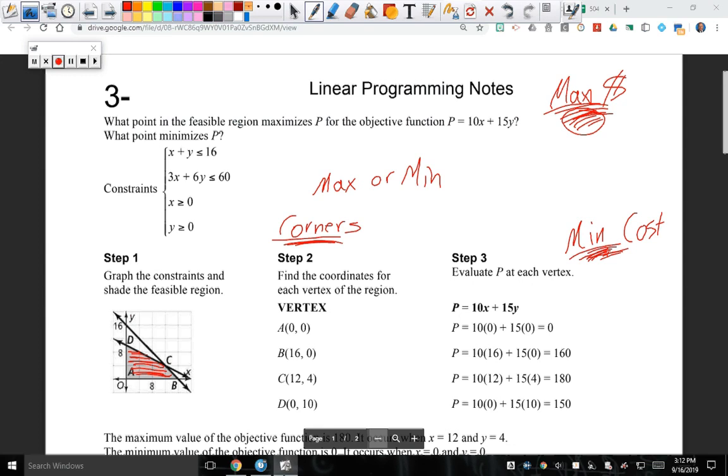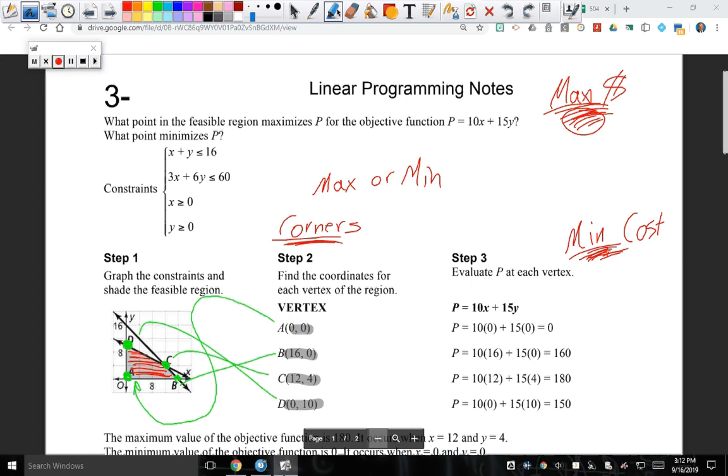Okay? So, the corners. When I'm looking at the corners, I'm looking at the corners of the shaded region. Okay? And those corners are listed right here. 0, 0, 16, 0, 12, 4, and 0, 10. And you could see A is right here, here's B, here's C, and finally here's D. And if I plug these values in, I find what they're called critical points.